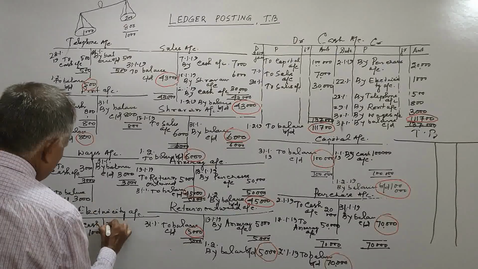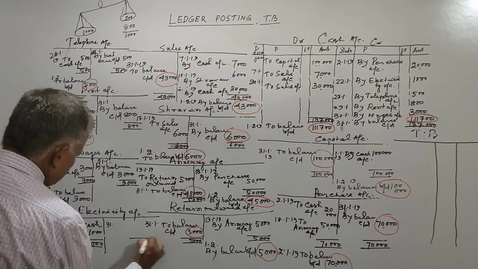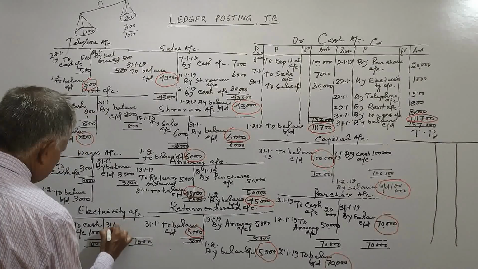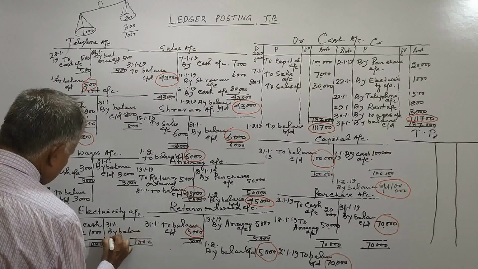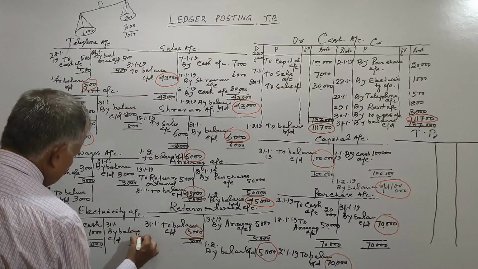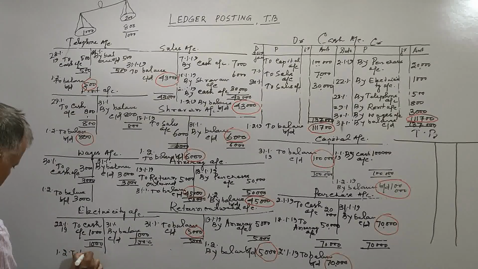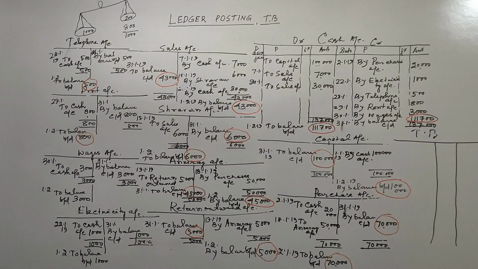Electricity also same, by balance CD 1,000, 1/2 to balance BD 1,000, right?